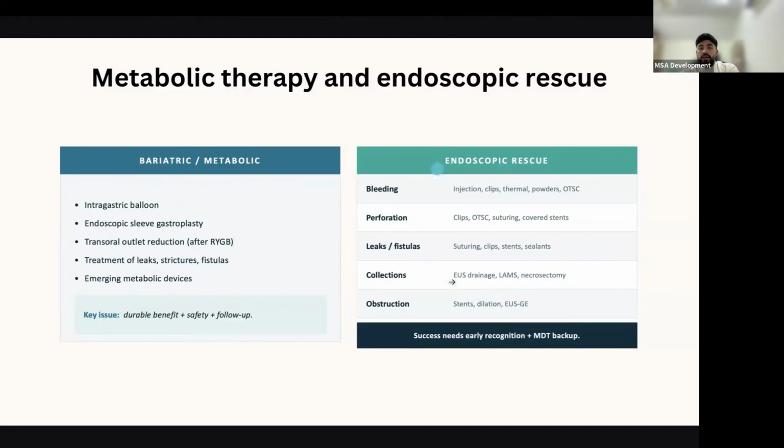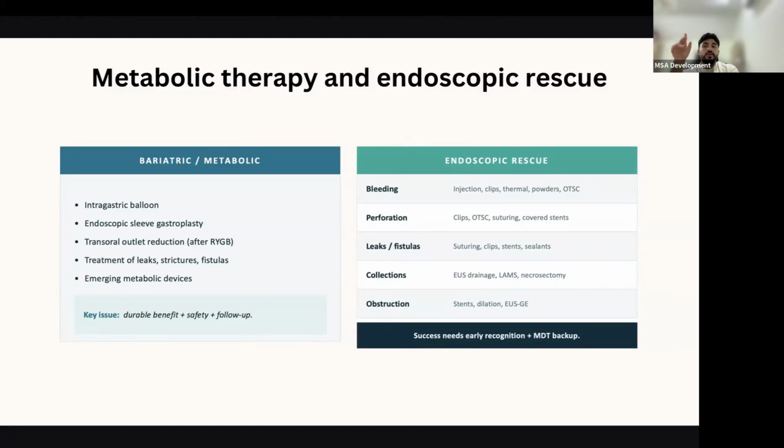Endoscopic rescue, all right, now, what you basically can do if there's any sort of bleeding that's happening, intra-abdominally, for example, you can endoscopically go in and clip it. All right. If you have a perforation, you can put some clips. You can suture it. If there's any leaks or any fistulas, you can close it up. You can suture it as well. You can put stents in there. If there's any collection, any pus, you can go in and drain.